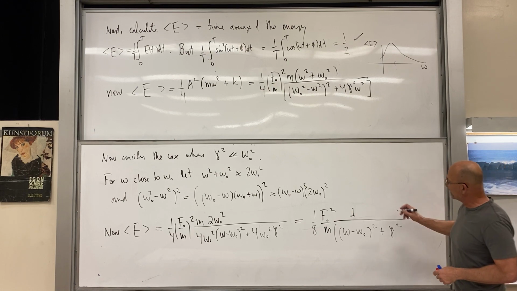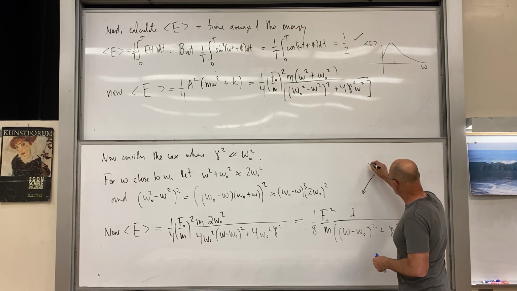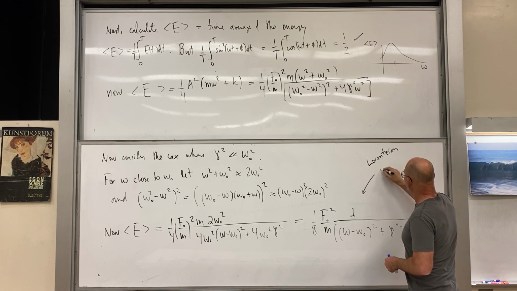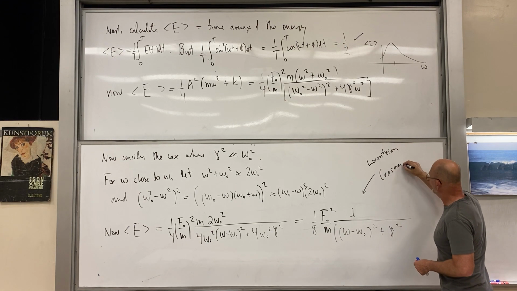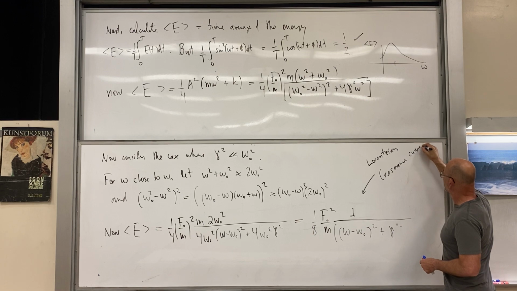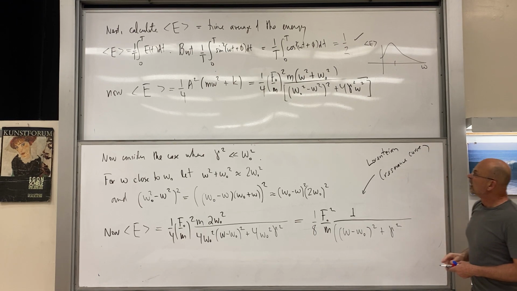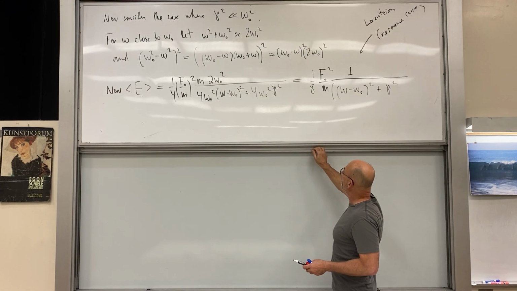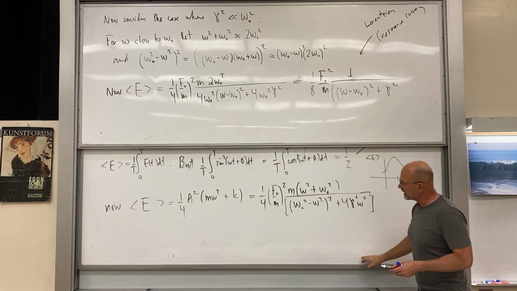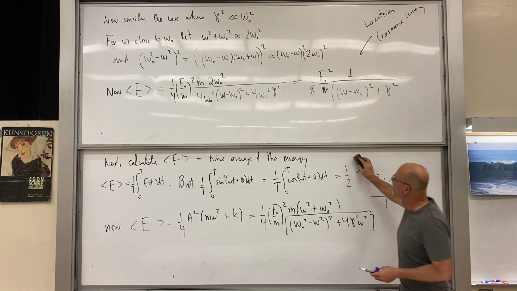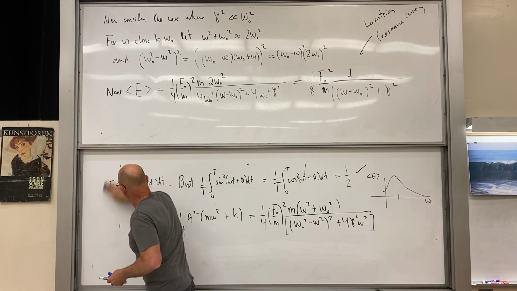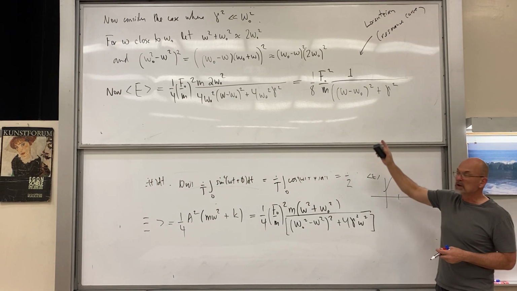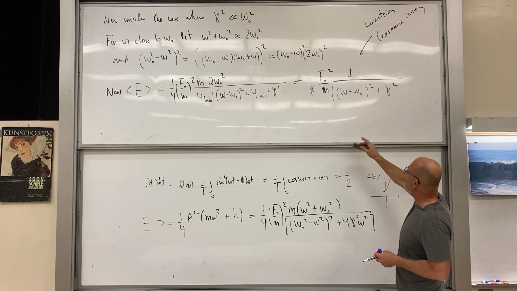We'll write it down again. This is called the Lorentzian. It's a resonance curve. So let's go ahead and just write it down on its own and discuss it a little bit. So again, this is the case where gamma was small, okay, so that this term dominates here.